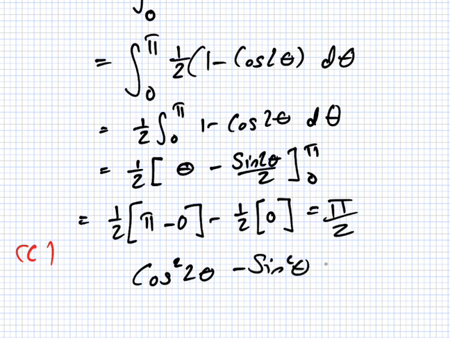Now, I say it's almost like a semester 1 question. What's the only difference here compared to semester 1? The 2 theta. Do you have a formula for cos 2 theta, though? You do. It's in the A part. What did they say in the A part is cos 2 theta? Cos squared minus sine squared.